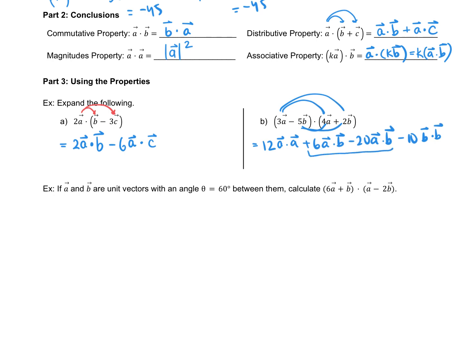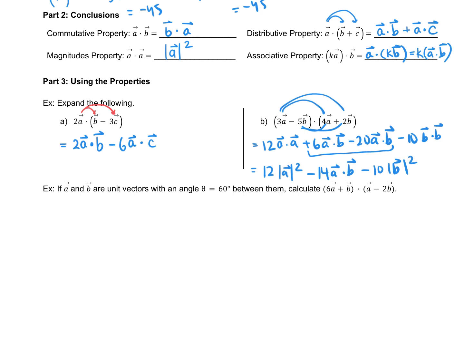I can collect my like terms here, and I can use the magnitude property to simplify the fact that vector A dot itself is just its magnitude squared. Collect my like terms, and then B dot itself is just its magnitude squared.